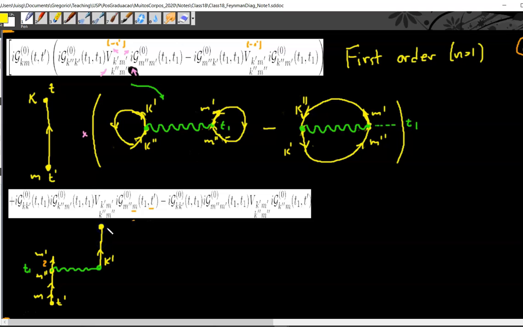The end of this line is precisely at time t. Now, what happens in this vertex? The other propagator happens at t1, and propagates from m prime precisely to k double prime, which is the other line entering this vertex here.